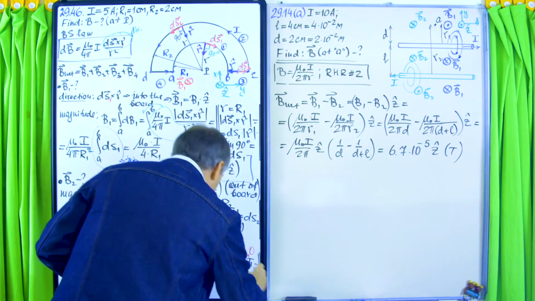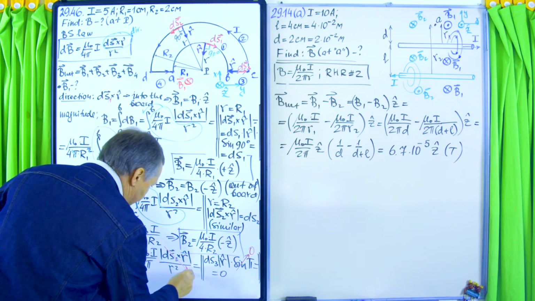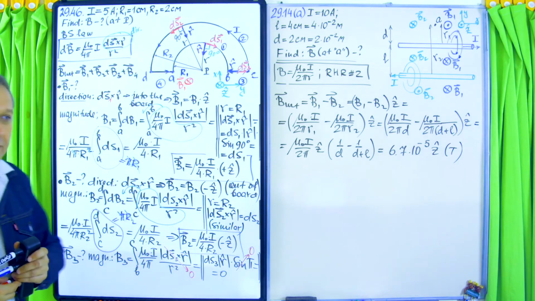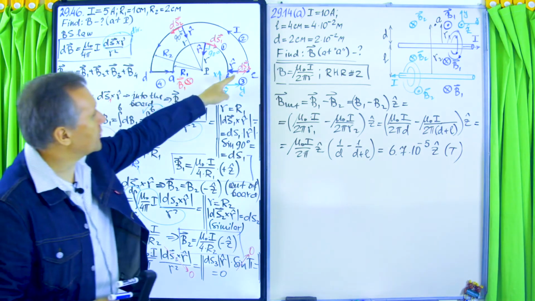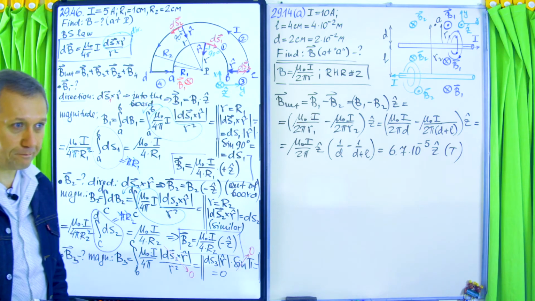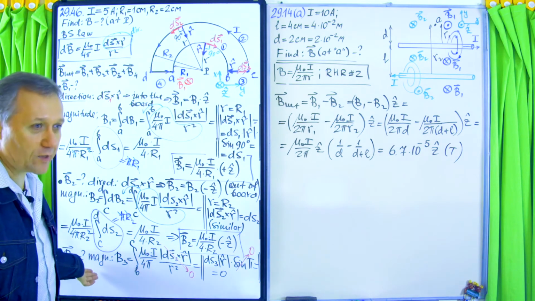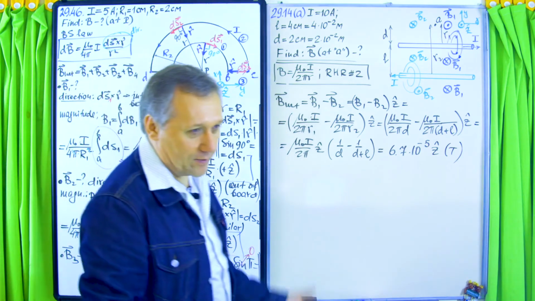Let me close my explanation box. So since this is 0, the whole integral is 0. So there wouldn't be any contribution to the net magnetic field from this section 3. That's why I couldn't start analyzing direction, because a zero vector doesn't have a direction, right?